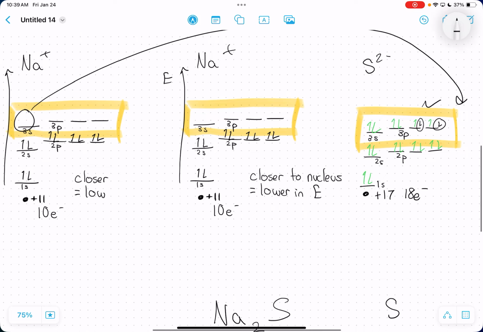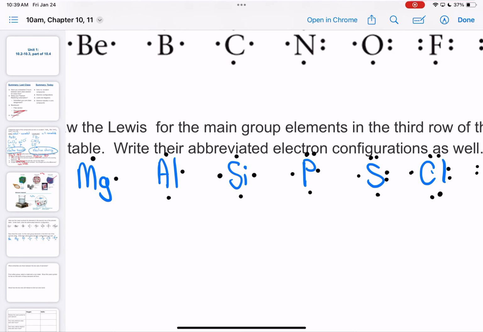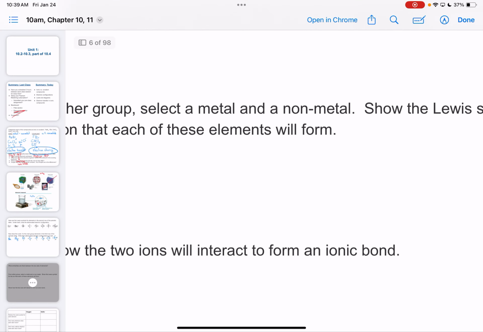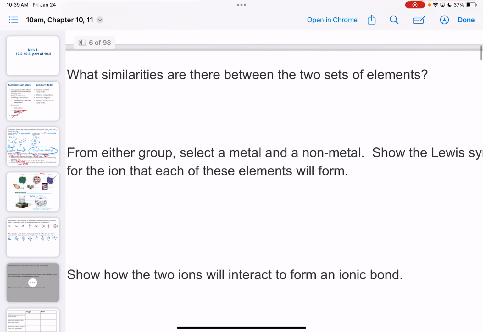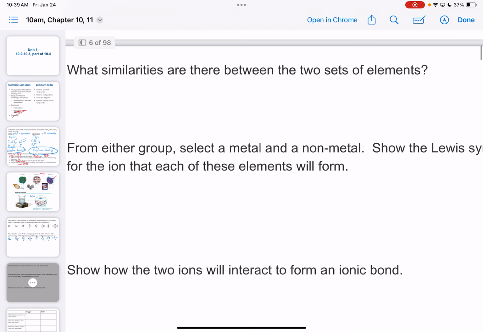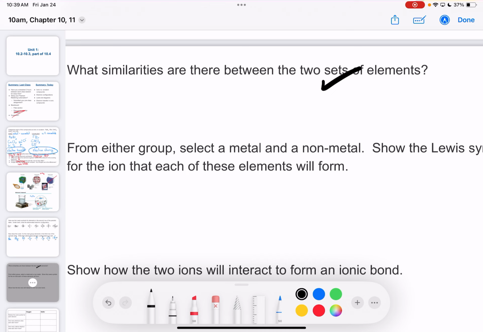Okay, how does this end up working with covalent bonding? So, covalent bonding, we already talked about similarities. They have the same number of valence electrons. Select a metal and a nonmetal. We just did that with sodium and sulfur.